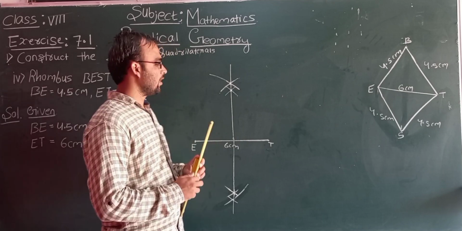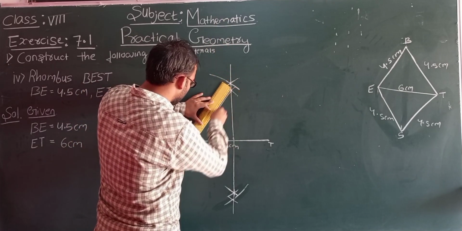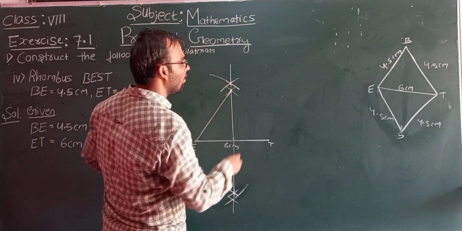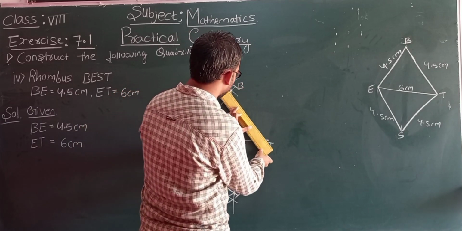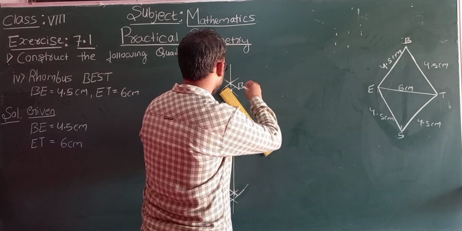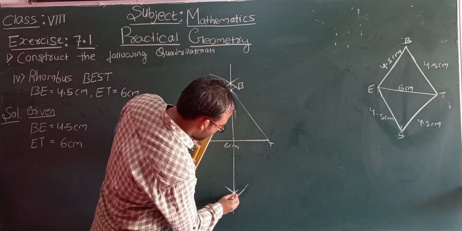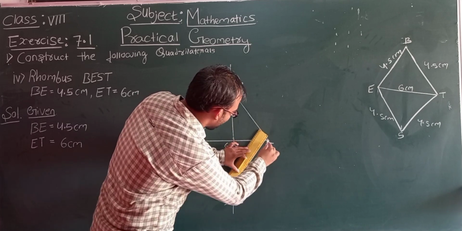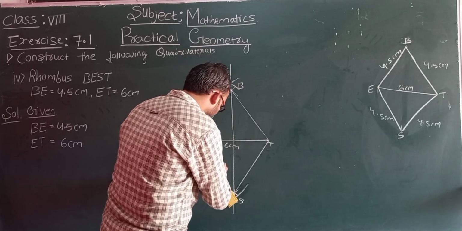Students, now what's the next thing? Join all the sides. So that is ET. This will be B. Next this one, BT. And this is S. Join TS.